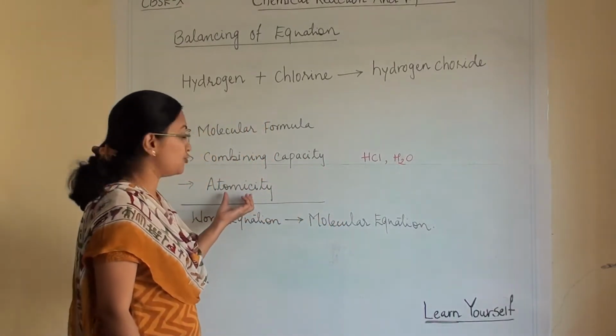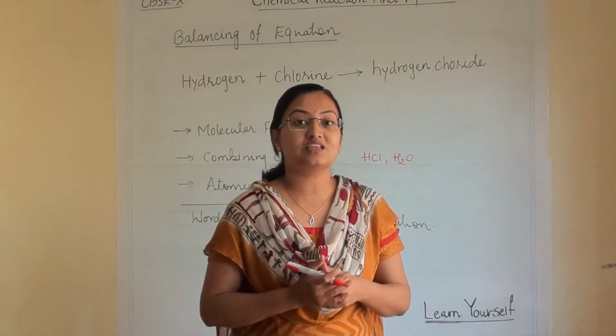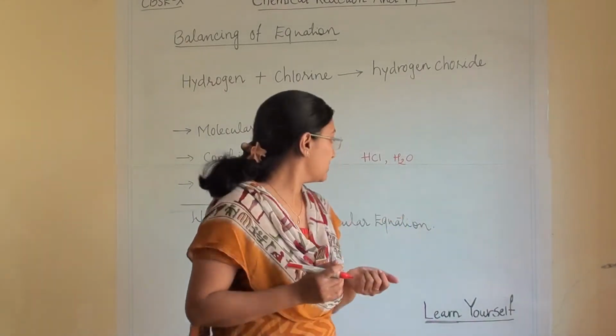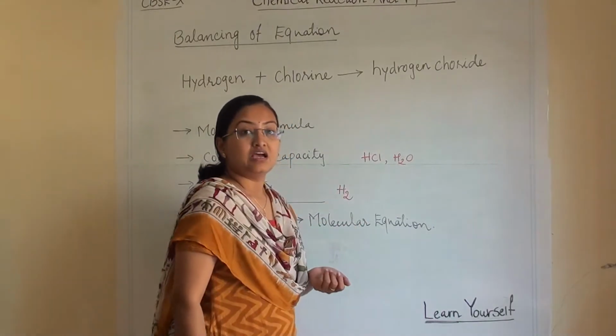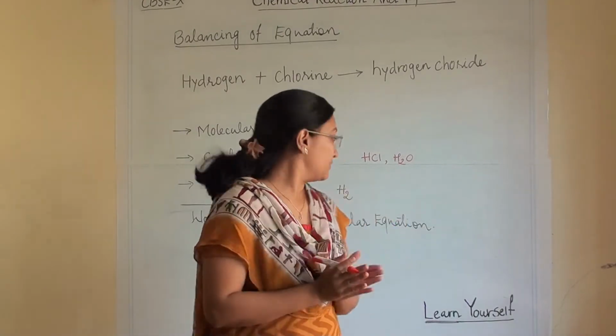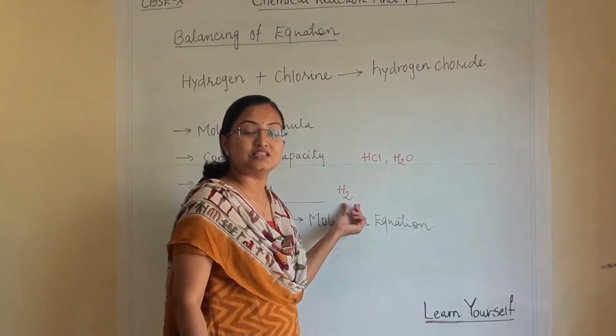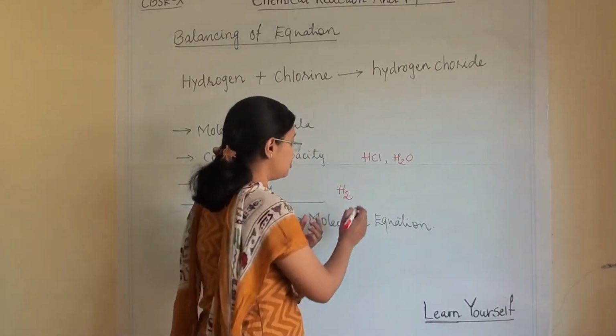Then atomicity. What is the meaning of atomicity? Some atoms cannot exist alone. For example, hydrogen. You can always see gases with an atomicity of 2. Hydrogen is always in a molecule; alone hydrogen cannot be there. So it is H2.